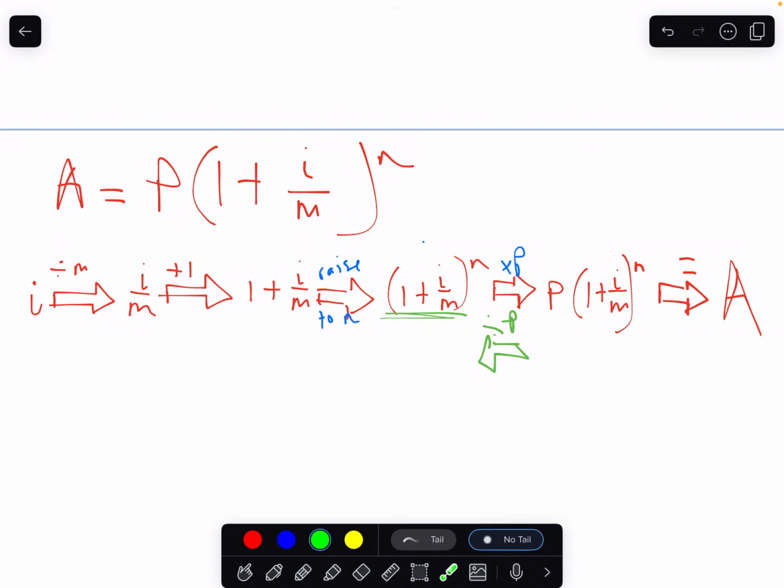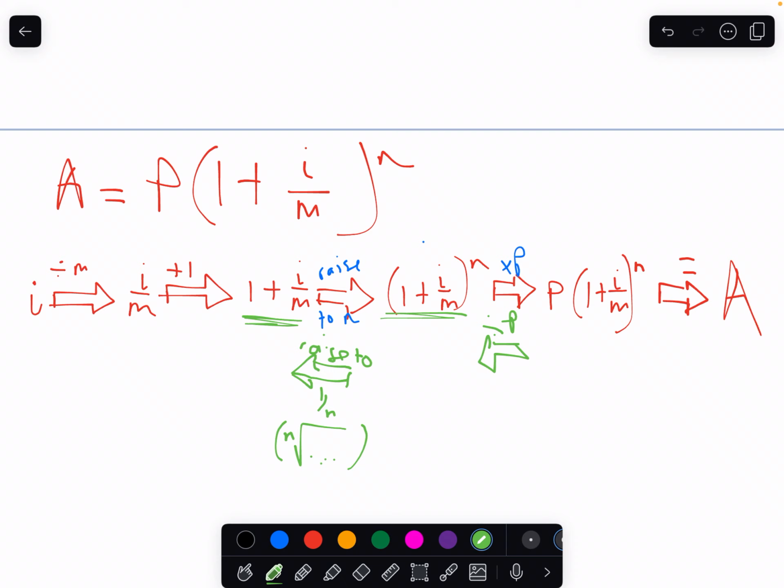And then from there, the reverse of raising to the power of n is, one way to think about it, to raise to 1 over n, or the other way to think about that is taking the nth root of that expression, and that would then give us this guy, and then the reverse over here would be to minus 1. And then finally, the reverse of dividing by m would be to times by m, and then you would be back at I, or you would just have I by itself.